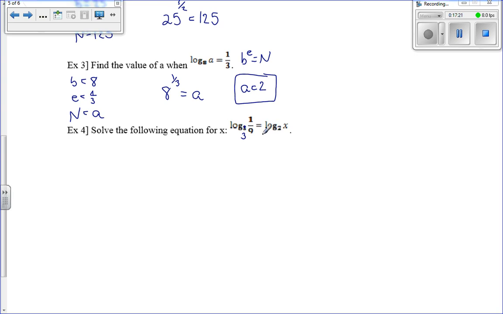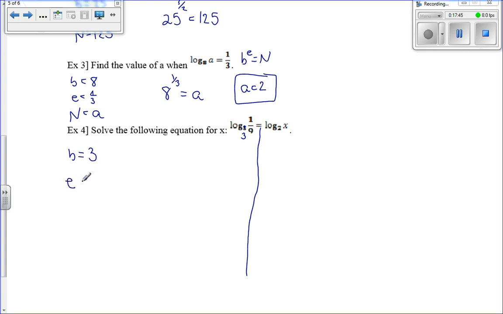Well, what we're going to do here is separate this problem. We'll look at the left side and then the right side. On this side, I need to get a number. The only way for me to get a number is to turn it into bend form. So b equals 3.